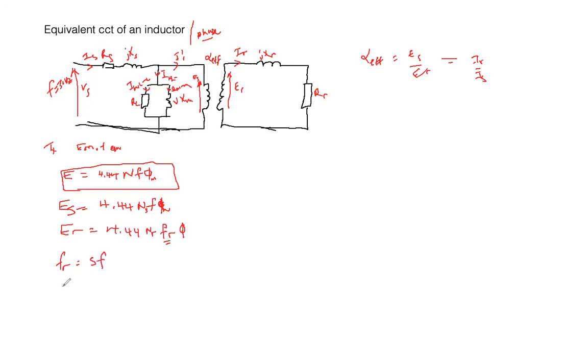Therefore, the rotor EMF can be written as 4.44 times NR times S times F times the flux. I can actually factor out the S, then I'll have 4.44 NR F times the flux.